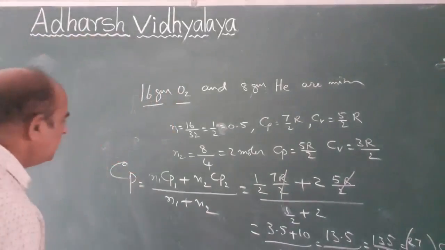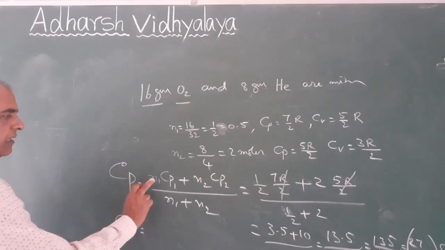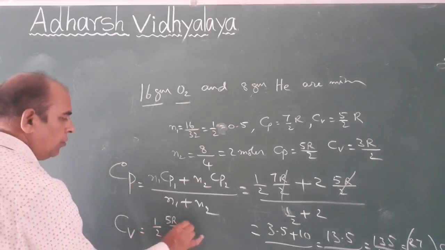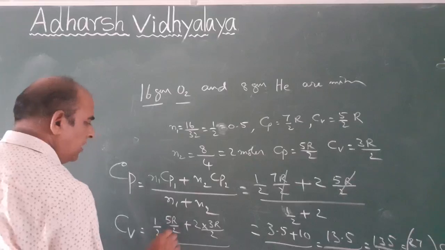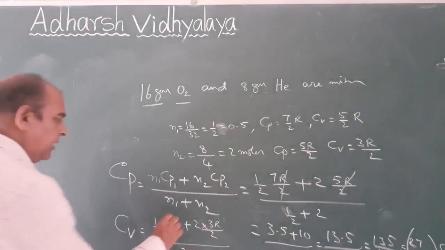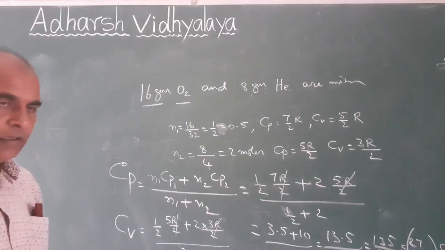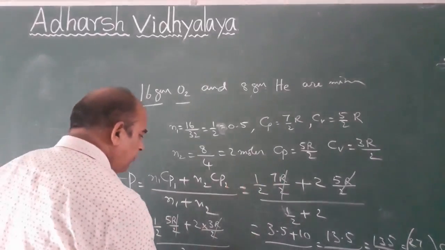Similarly, you calculate the mixture Cv value. Cv of the mixture is 0.5 into 5R by 2 plus 2 into 3R by 2, divided by N1 plus N2, which is 2.5. So here R by 2 cancels because the R value is 2 calories. So the final answer is also expressed in calories. Otherwise, in terms of R only you have to tell.